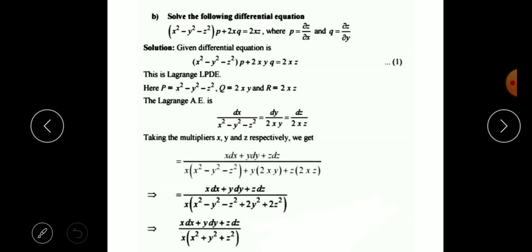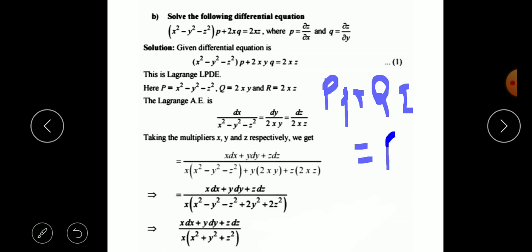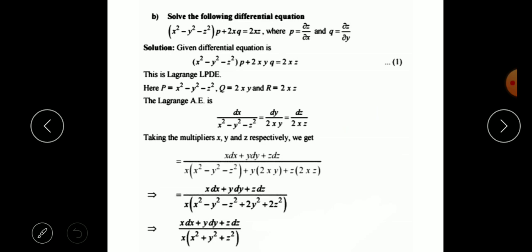If you compare with the standard form, Pp plus Qq equal to R, then it is clear that here P is equal to x square minus y square minus z square, Q is equal to 2xy, and R is equal to 2xz.